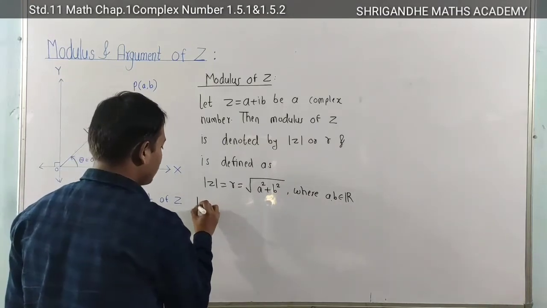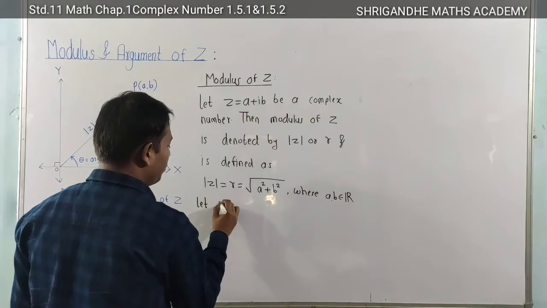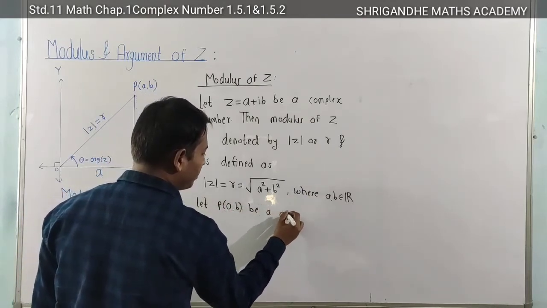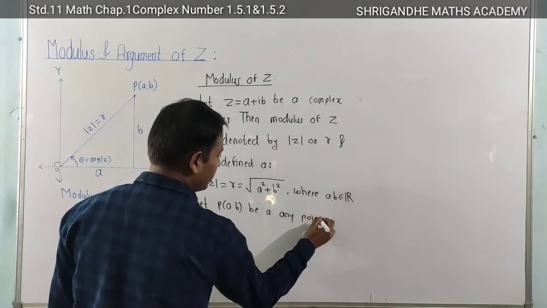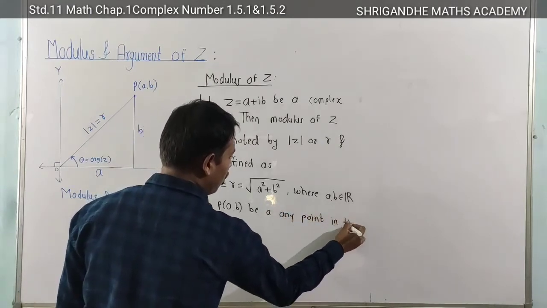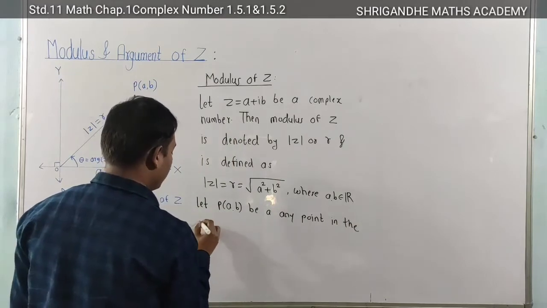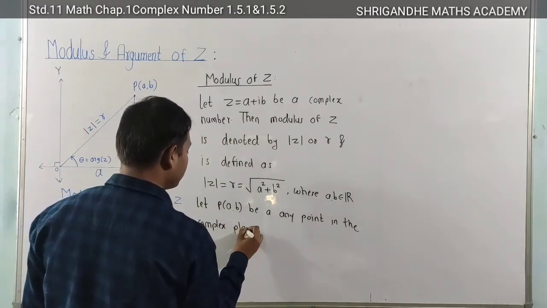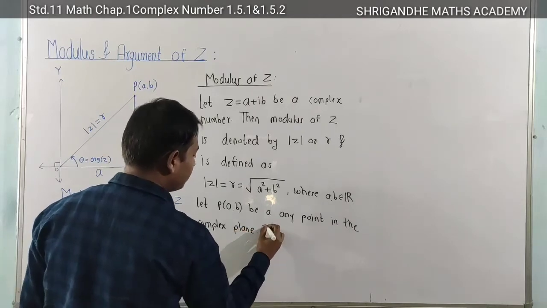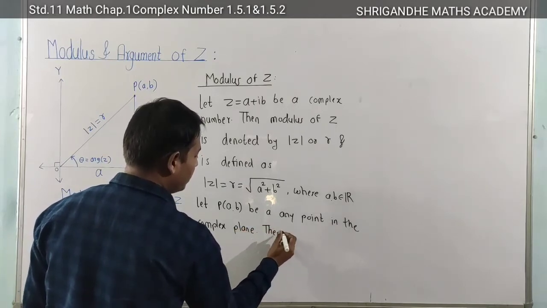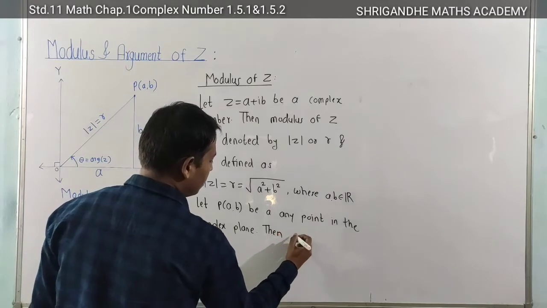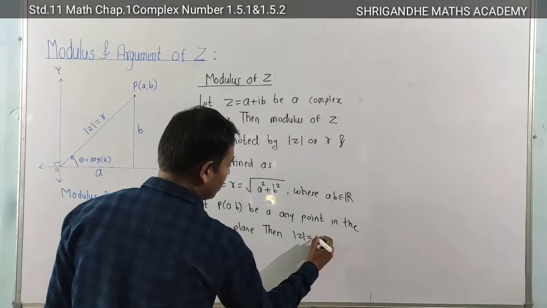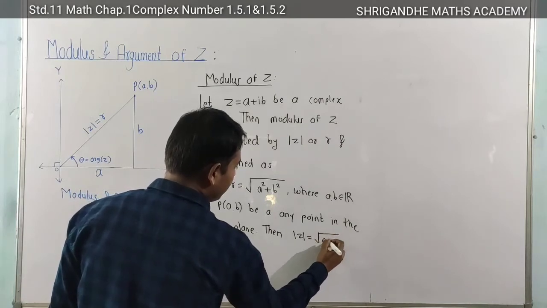Let P of a comma b be any point in the complex plane, then modulus of z is equal to root of a square plus b square.